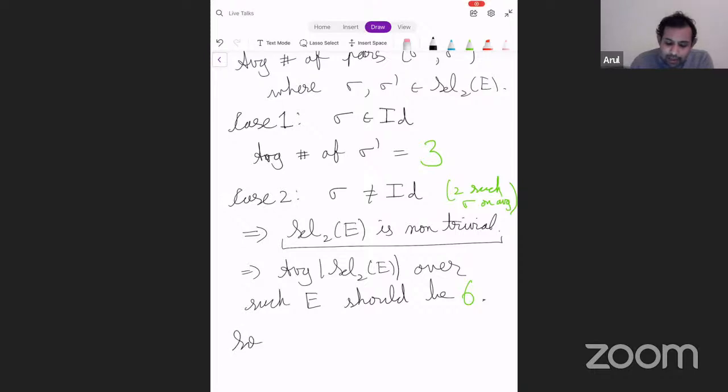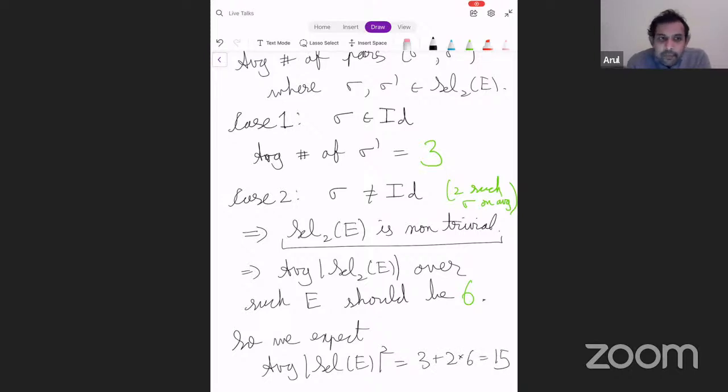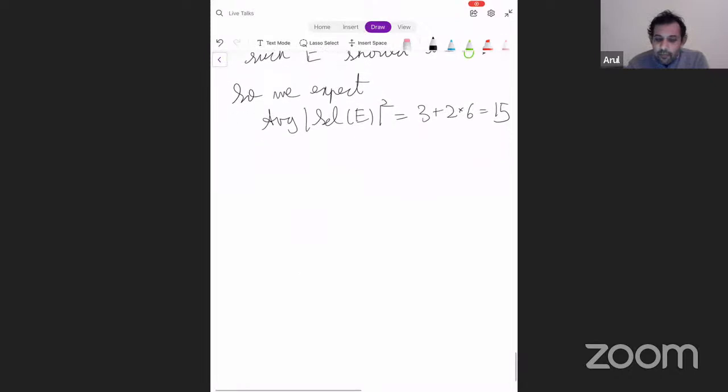So we expect that the average size of the square of the two-Selmer group is 3 plus 6 plus 6, which is exactly 15. And in fact, this is exactly how our proof goes.